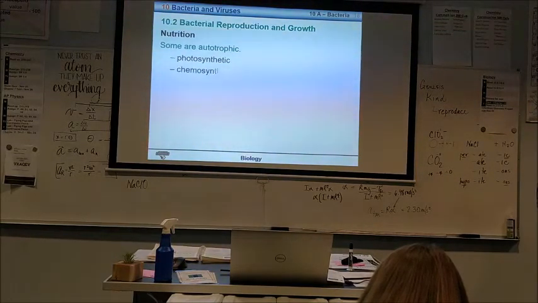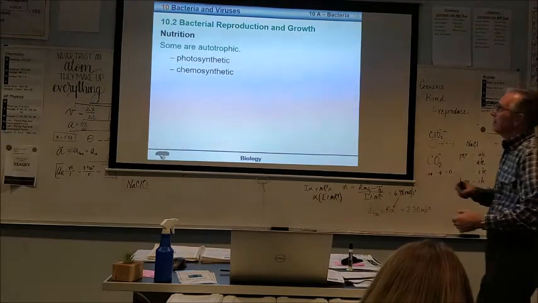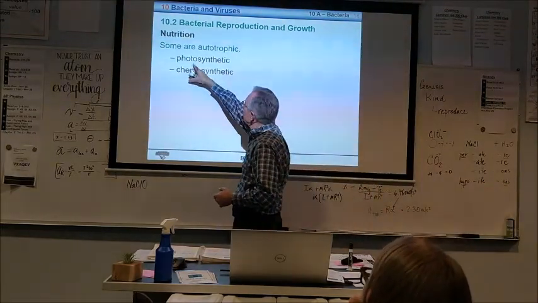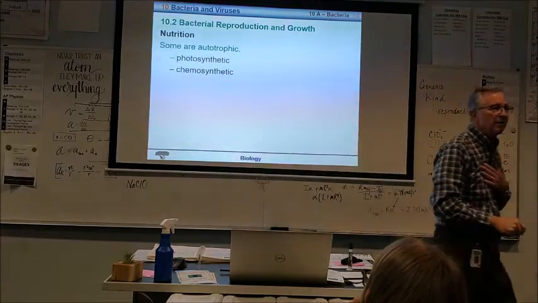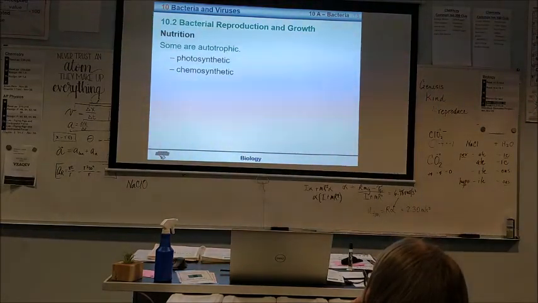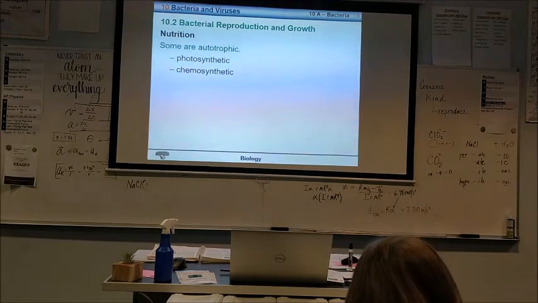Then you have some are chemosynthetic. What does that mean? This one uses light to make their own food. This one uses what? You'd think that this is the opposite. They often do it in the dark, that's true.